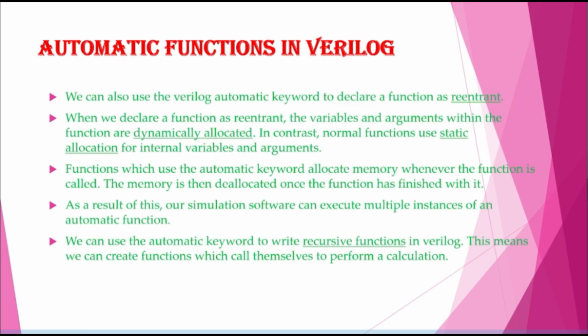So this is the major difference between static function and automatic function. Got it? Clear? In simple words, in a static function, the memory is created as soon as you declare the function, but in a dynamic function, the memory is created whenever you call that function. Clear? Yes, this is one of the main differences between static and dynamic.